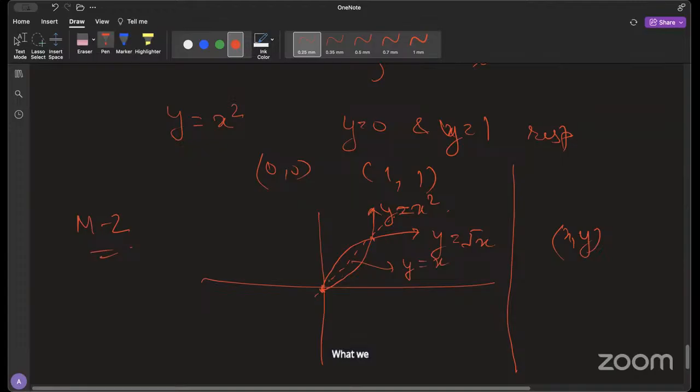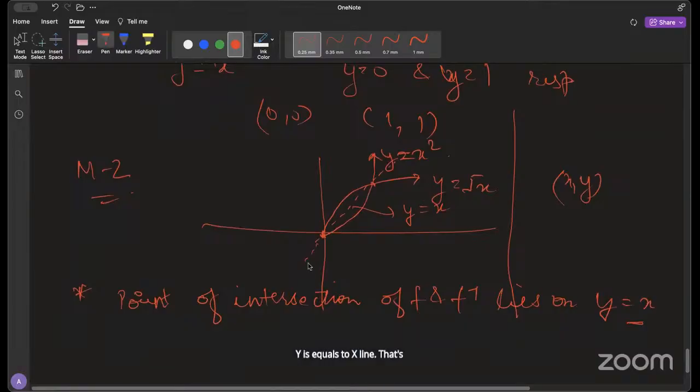What we're claiming here is that the point of intersection of f and f inverse lies on the y equals x line. That's where the points of intersection of two functions that are inverses of each other lie, right?